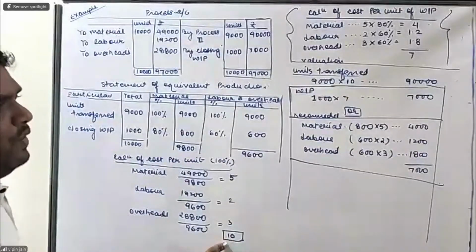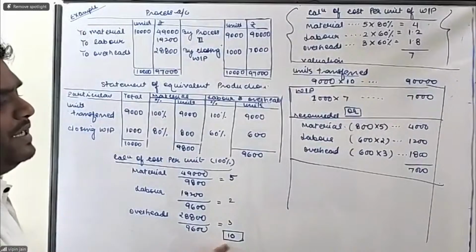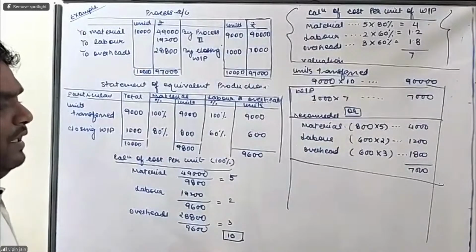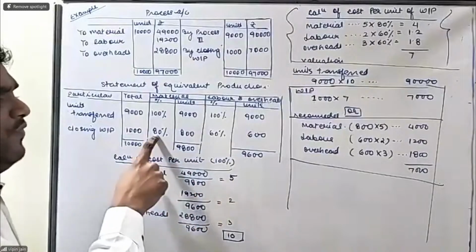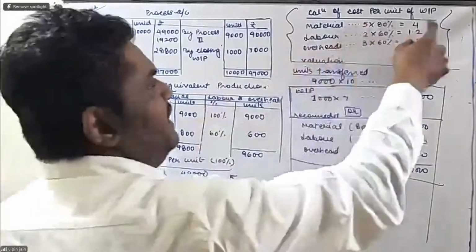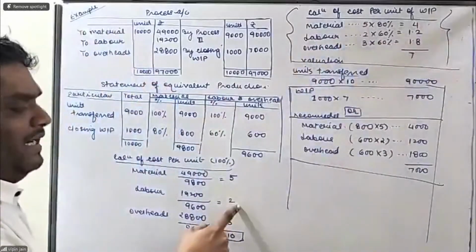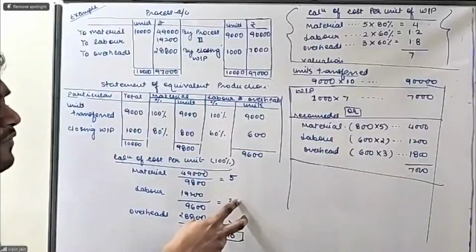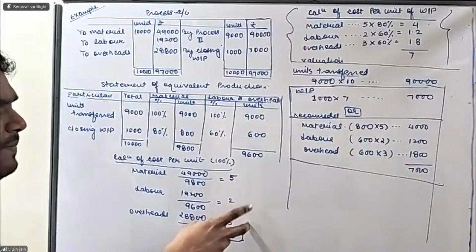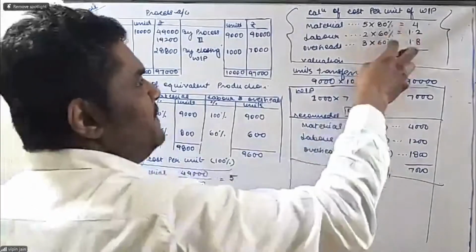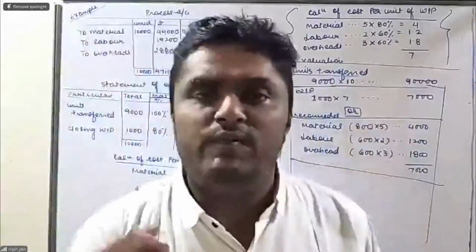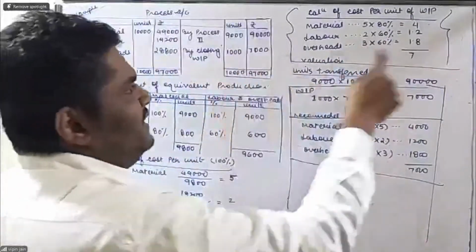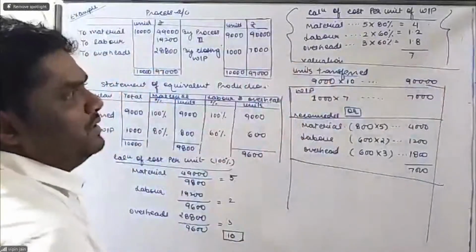If we want to calculate the cost per unit of work in progress also, we can easily calculate. 5 is the cost of 100% completed material, so for 80% completed material, it will be 4. Again, 2 is the cost and 3 is the cost of 100% processed in respect of labor and overhead, so for 60%, it will be 1.2 and 1.8. So the cost per unit of work in progress will be 7. So 1000 into 7, it will be 7000.